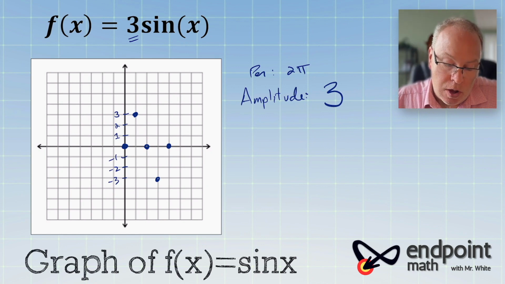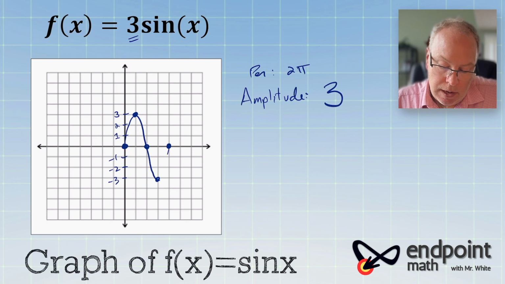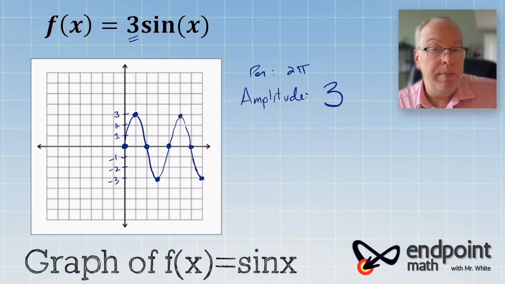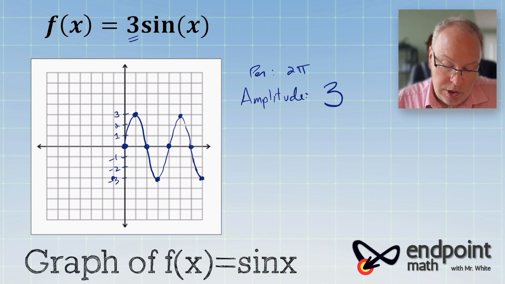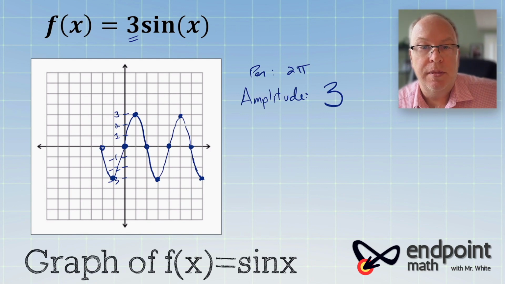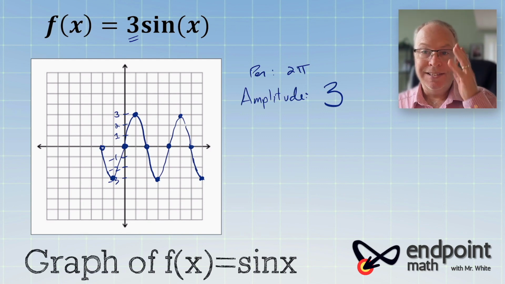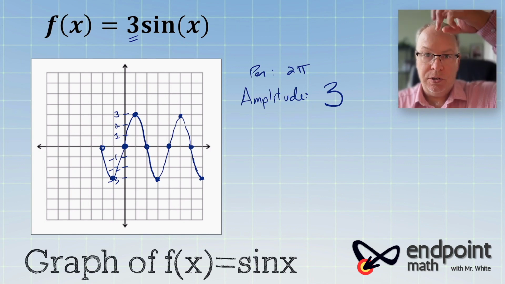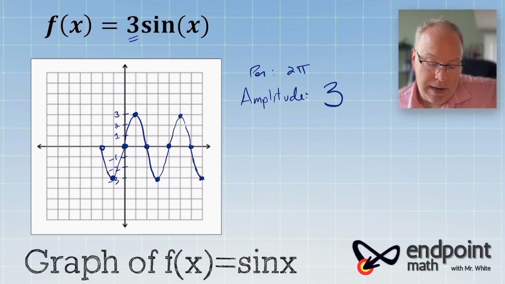And then we can draw our curve. And of course, we could keep doing that pattern. Sometimes teachers ask to graph 2 periods. All right, so you just keep doing the pattern as long as you'd like and just keep going. All right, so there's a sine curve, a sinusoidal periodic curve that keeps repeating that's been stretched by 3.